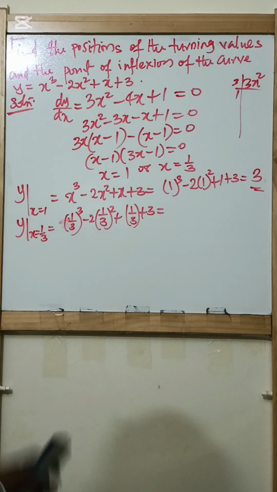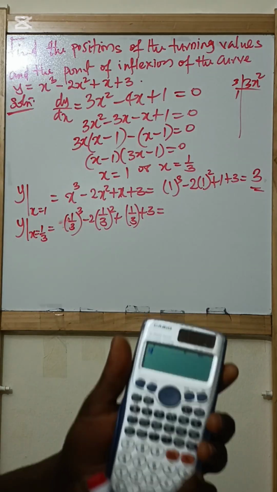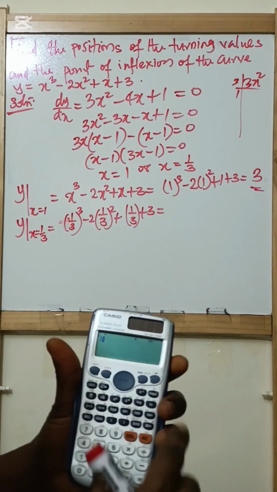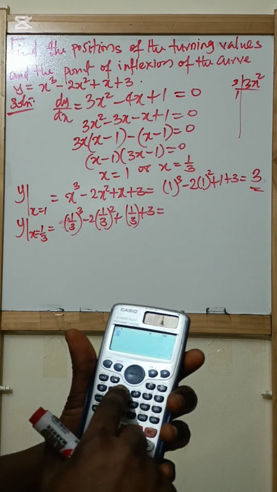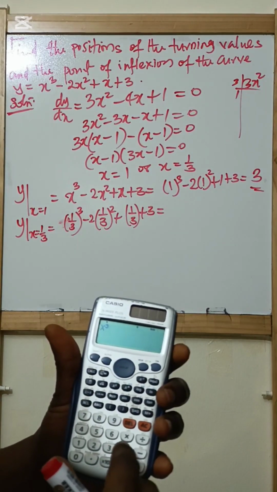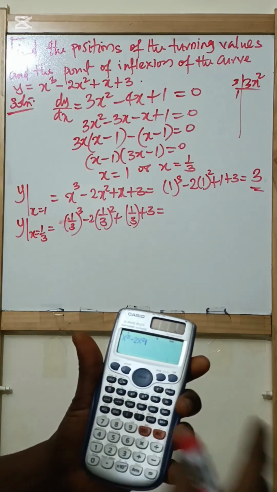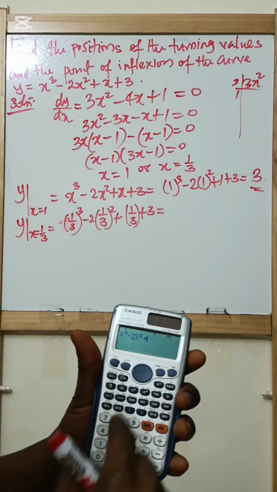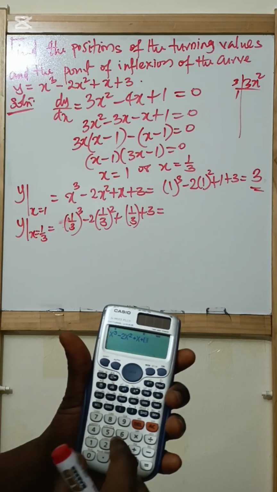We just write x cubed minus 2x squared plus x plus 3.